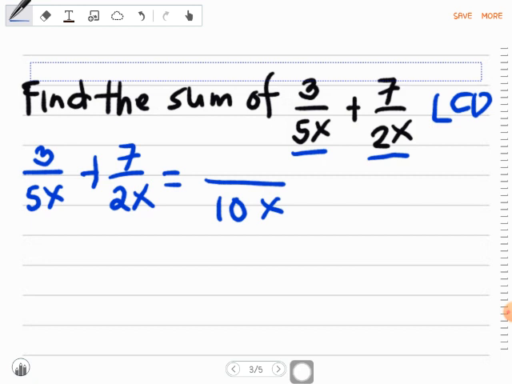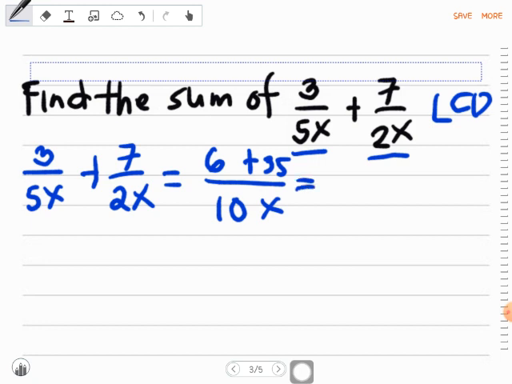After that, pwede na nating i-divide. So, 10 divide 5 is 2 times 3 is 6. x divide x is 1. So, hindi na natin kailangan isulat si 1. Plus, 10 divide 2 is 5 times 7 is 35. x divide x is 1.